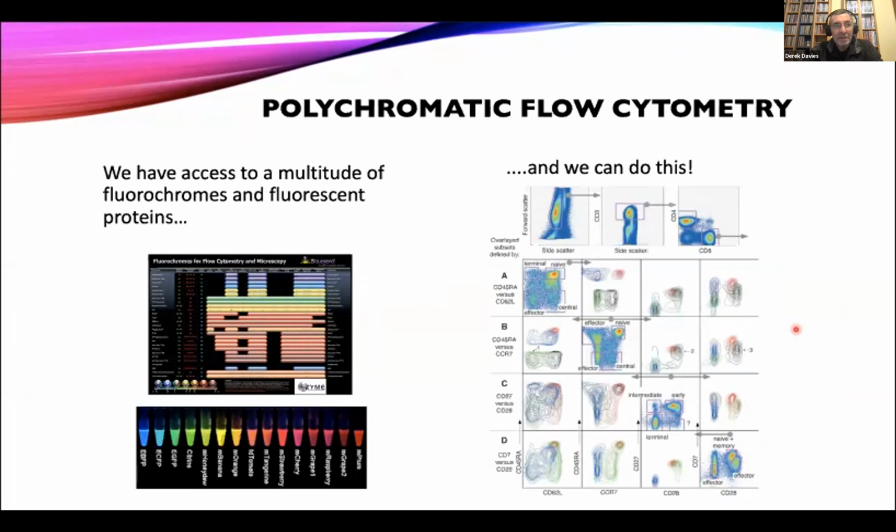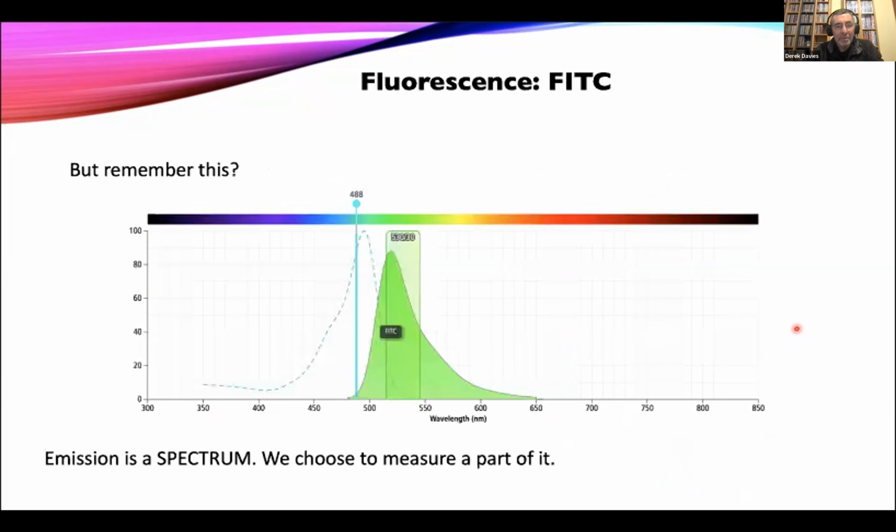And of course, sometimes that is very useful if you've got a heterogeneous population. As I've probably said before, I'm quite a big fan of doing single color experiments, but obviously you don't get quite as much information in a heterogeneous population. But when we start adding more and more fluorochromes, this is when we have to start thinking about the overlap we're going to get between them.